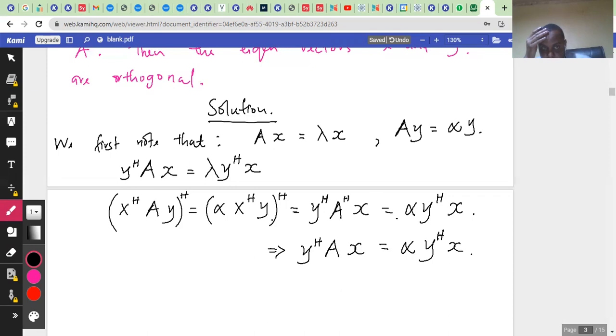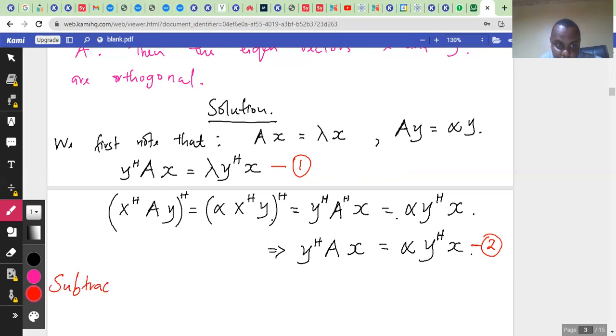So let's focus on these two equations. Maybe we can subtract both of them from each other. y^H A x minus y^H A x is 0.